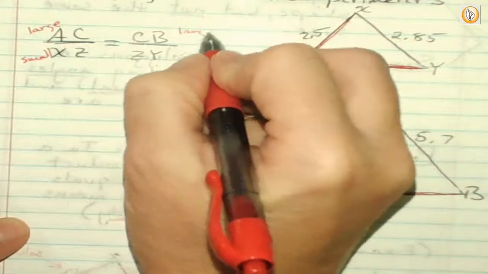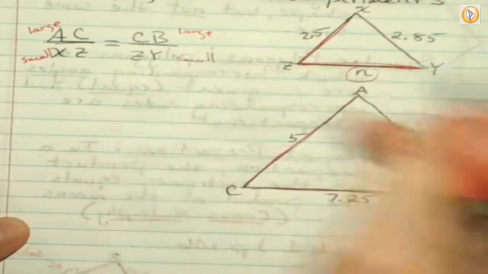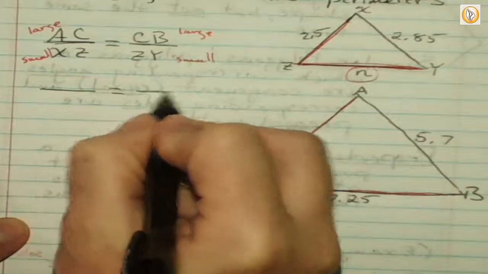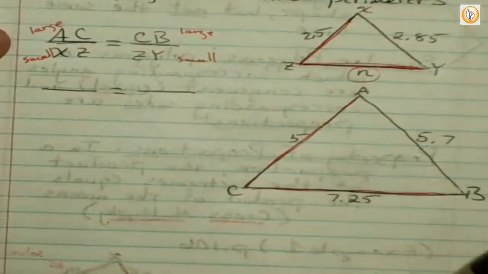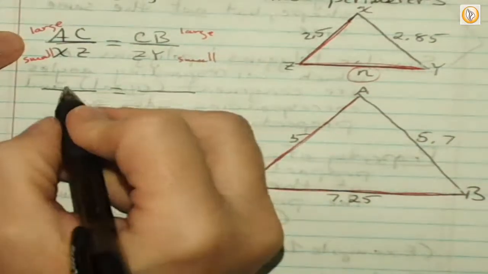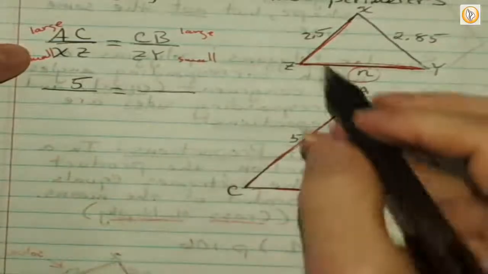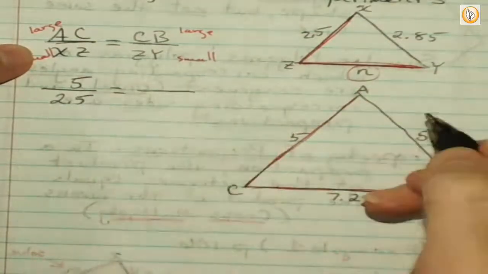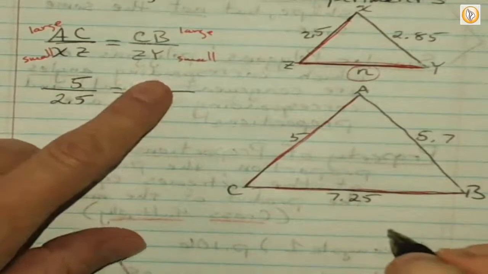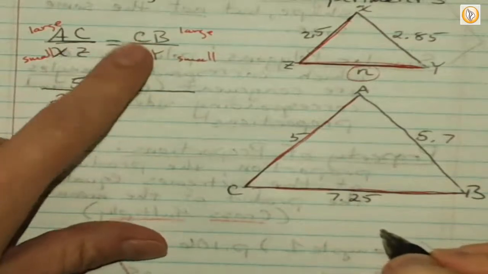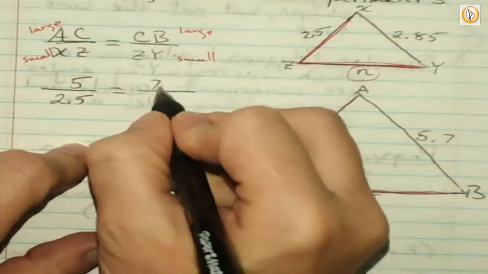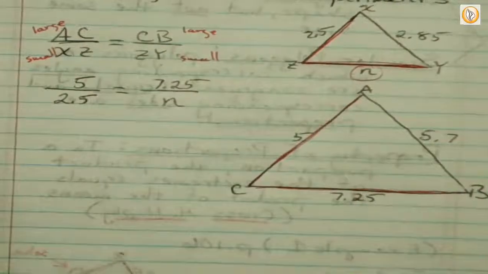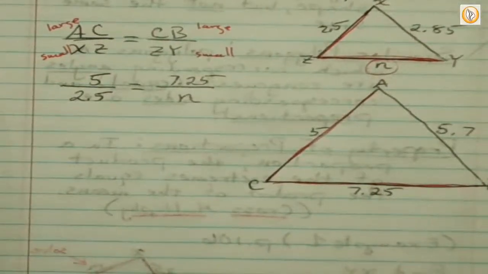All right, so now we just plug in our numbers. So AC is 5. XZ is 2.5. CB, and again, notice he's got the large on top, it's 7.25. And then we have N is what we're looking for. So what do I do now, Matthew?